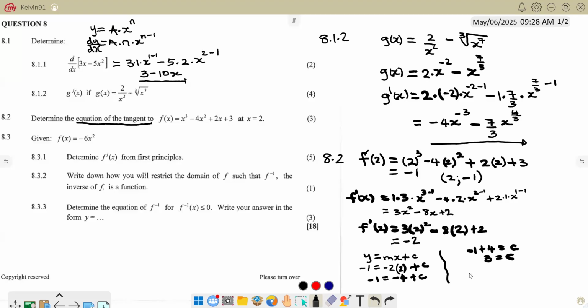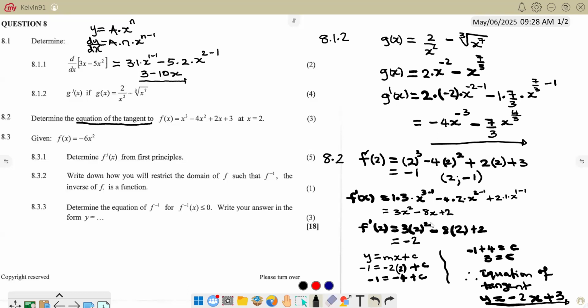Hence, the equation of the tangent will be given by y is equal to negative 2x plus 3.